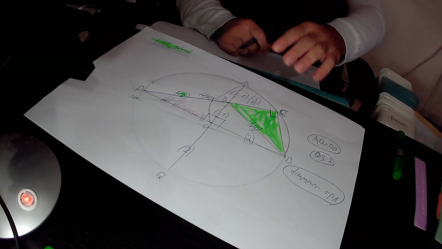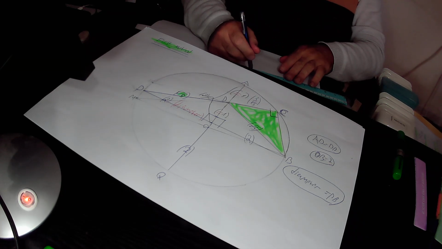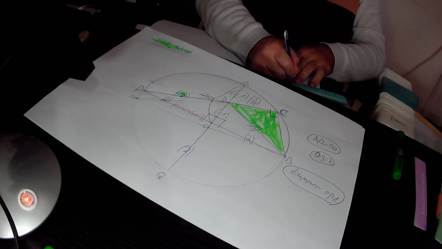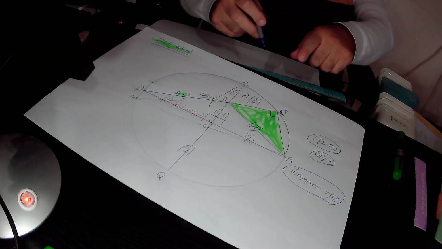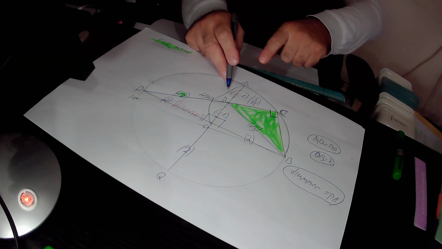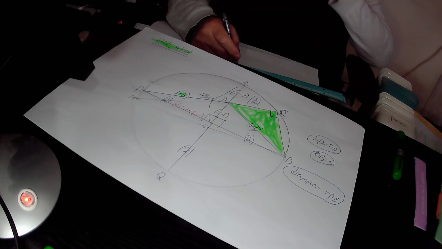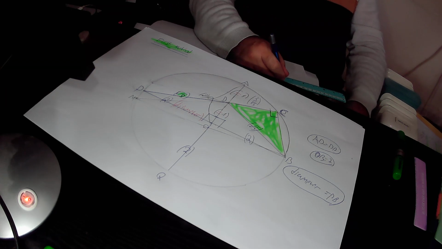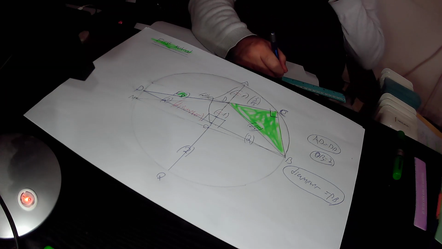DB is the square root of 5, and therefore DB squared is the square root of 5 squared, that is 5, and it equals CD squared plus CB squared. CD equals 3 over the square root of 5, and therefore CD squared equals 3 over the square root of 5, squared. 3 over the square root of 5, squared, equals 3 squared, that is 9, over the square root of 5 squared, that is 5.